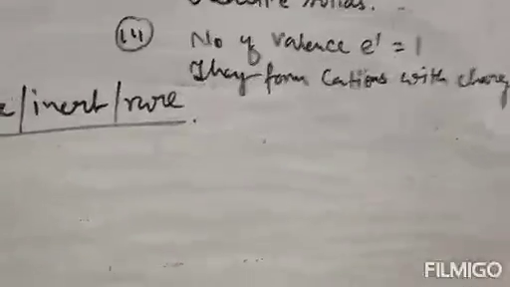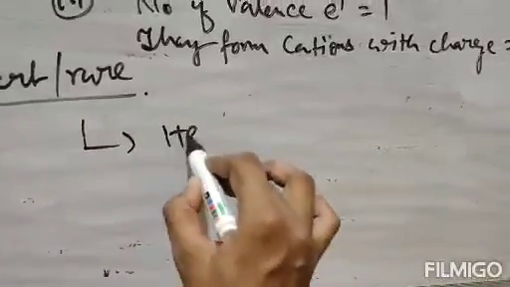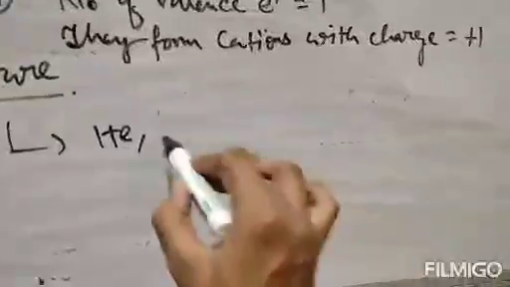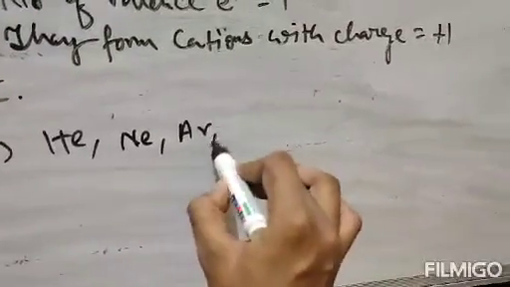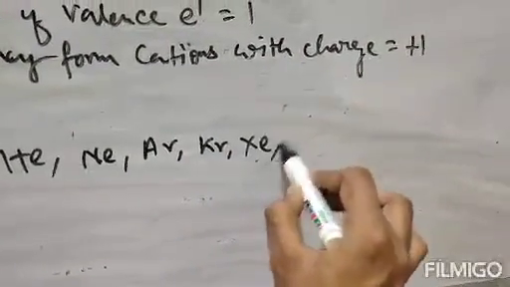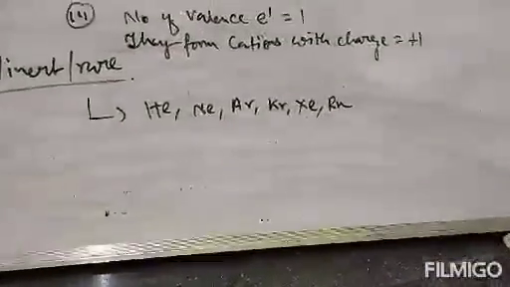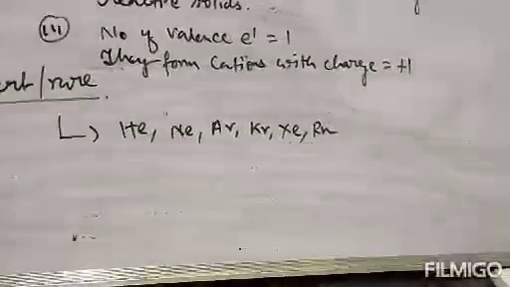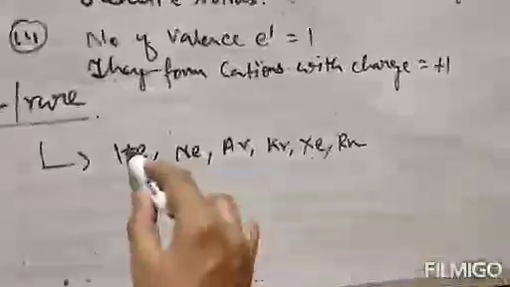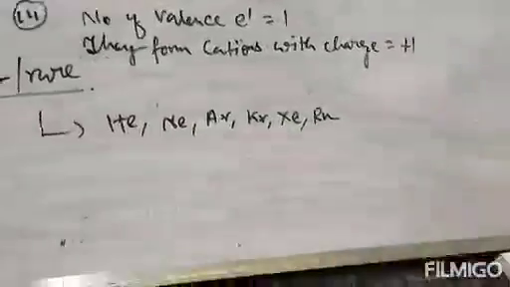They start from helium: helium, neon, argon, krypton, xenon and radon. So there are 6 elements.